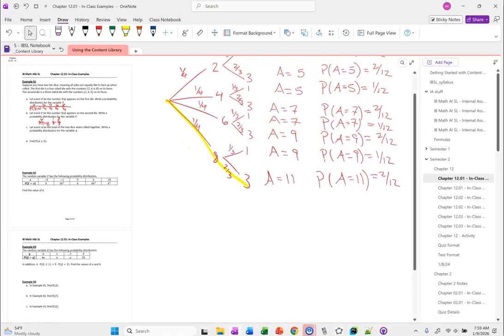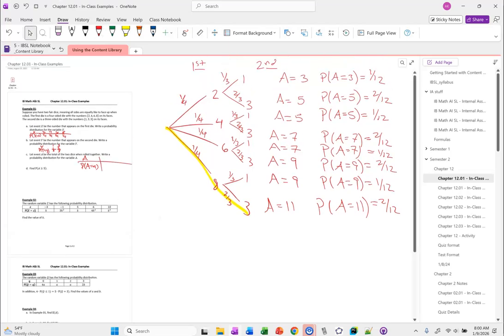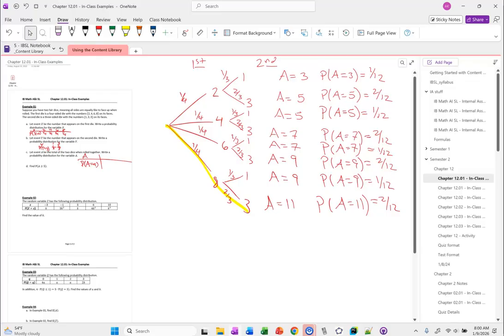So if we write down our probability distribution, the different values that A can take are 3, 5, 7, 9, and 11, right? And the probability of getting a 3 is 1/12.